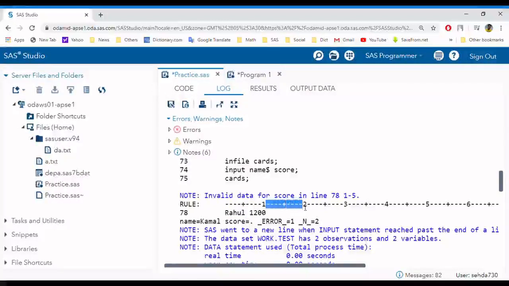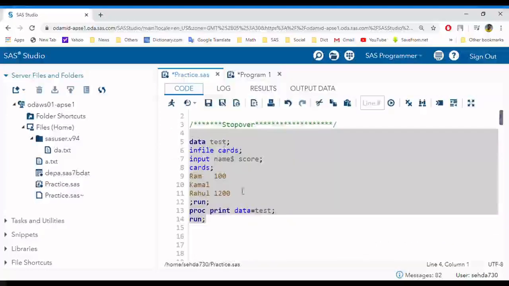When it went to the second line, it tried to read Kamal and underscore, it read a dot, and the error came up there, right? So that is not coming up directly under this error. Why? Because of that flowover thing, which is how SAS behaves, right?